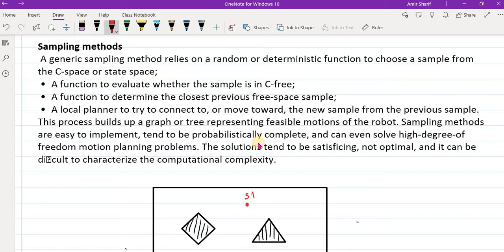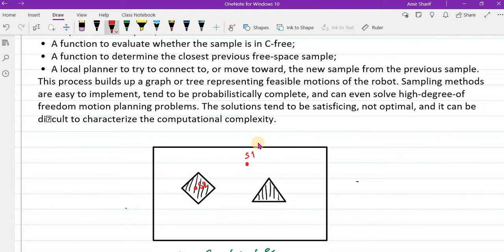Till now we have only one, but let's say we take another sample here as 2, but this sample is inside your obstacle, so it is not important. So we take one more sample, and let's say it comes out here.